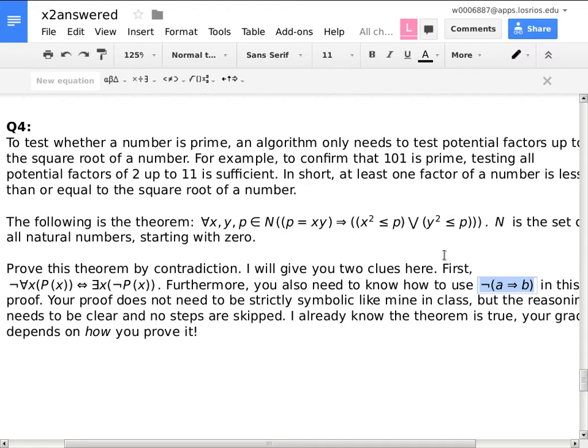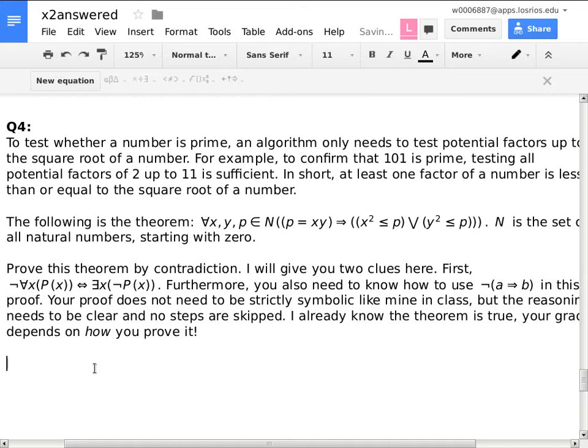But since I gave you a way to put the negation outside the for all into the inside of the there exists, whatever is inside here becomes a negation. But that is an implication itself. So you have to negate the implication. So given all of these things, let's see how we can negate the theorem.